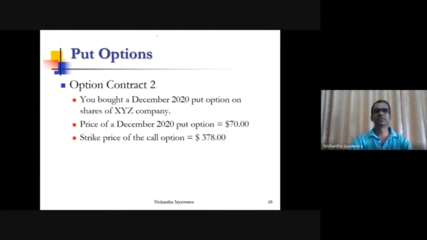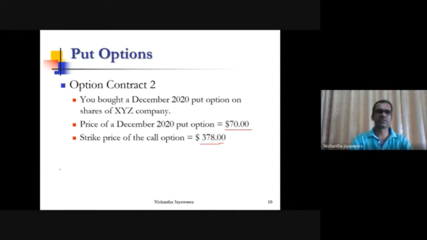Now we'll consider the put options. Let's see what to do. Premium is 70, strike is 378.